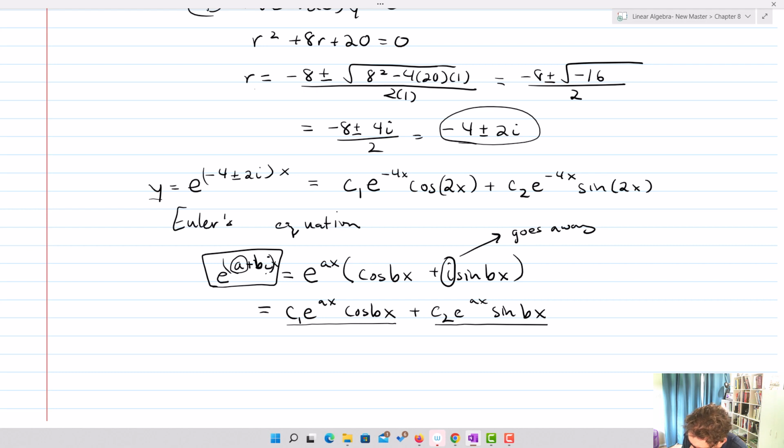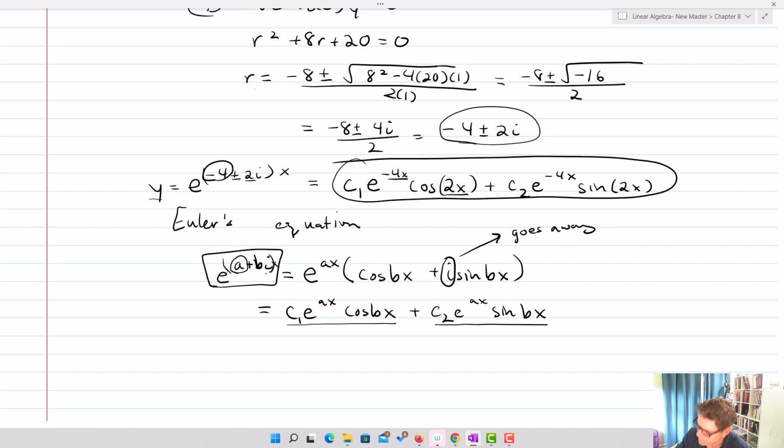Okay, so all we need to do, the real part becomes the power for e, and the imaginary part becomes the coefficient in front of our x inside of the argument for cosine and sine. And those are our solutions. And so that's the solution to our differential equation.